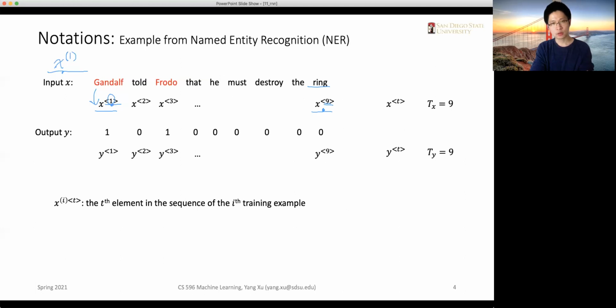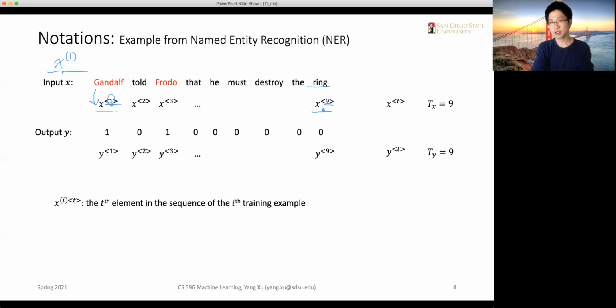So for the general notation, we can put 2 superscripts into X, because the i within the round parentheses is our convention to indicate the i-th training example, right? But now, since in our task we take one sequence as one training example, the i in the superscript now means it is the i-th sequence, right?